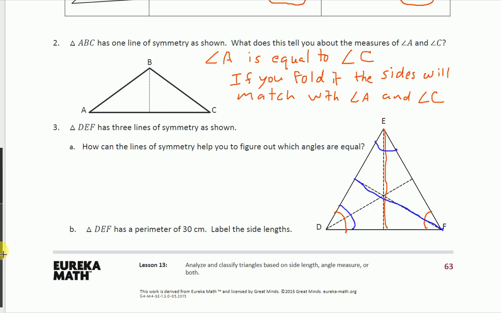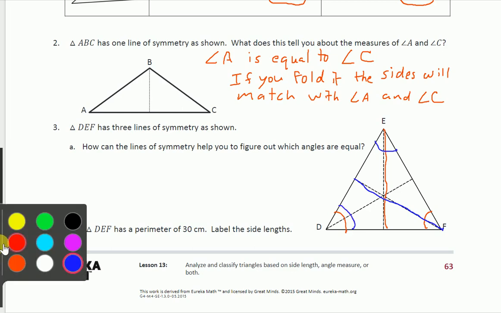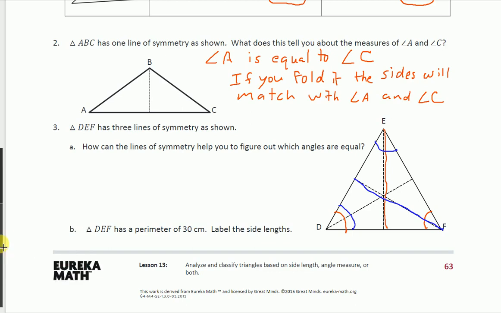So wait a minute. And then let's see if we have one more way to do this. Let's just use black. And we go ahead and we fold it along this line here. Then that means this one has to be equal with this one. Well, what we've just kind of proven is that all 3 of those angles will be the same. Very interesting.